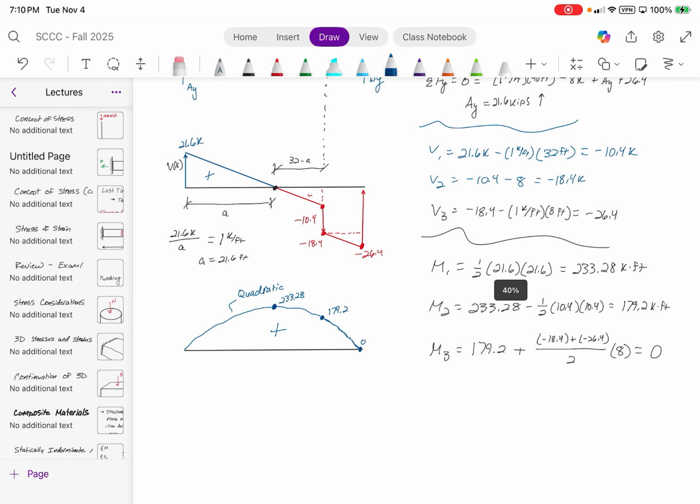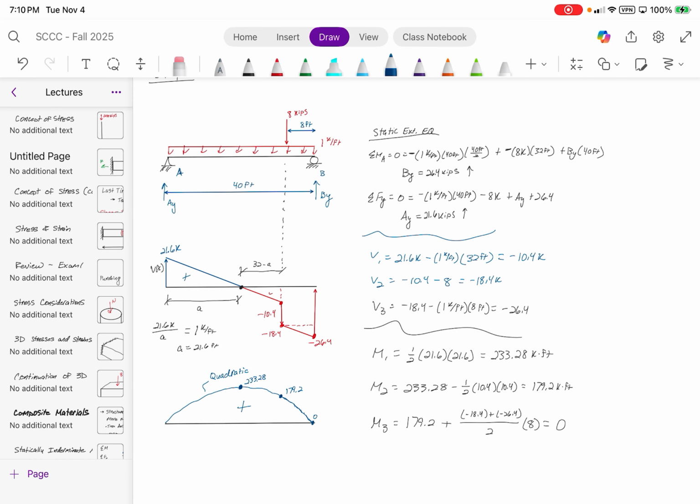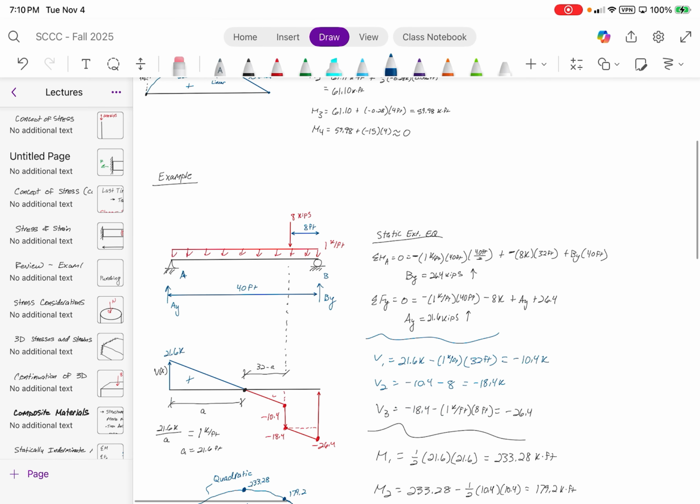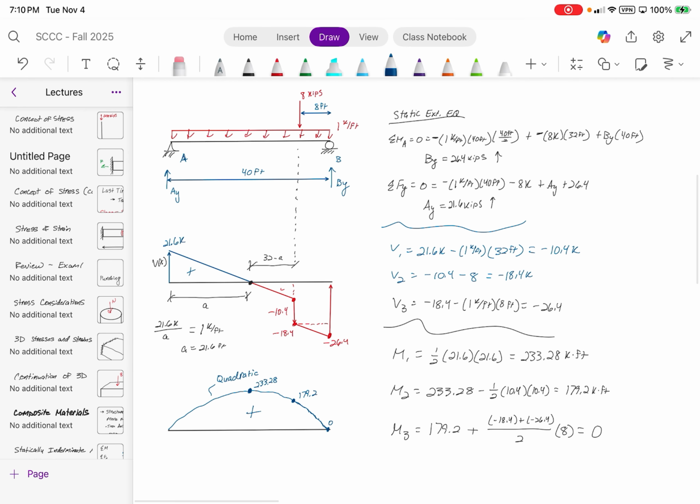And that is your bending moment diagram. Really quickly, looking at this diagram, what bending moment would you use to design for?